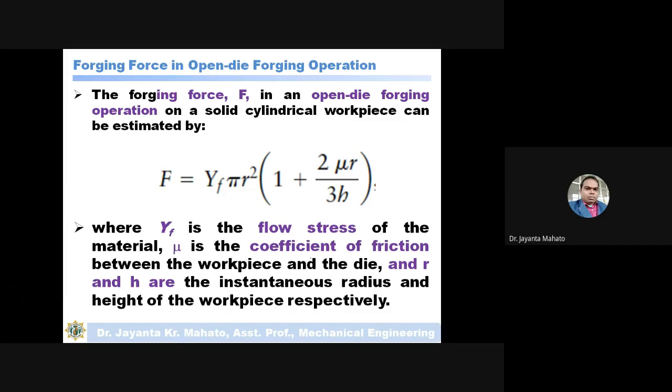Means when the forging operation is running, the radius of the workpiece will increase while the height of the workpiece will get reduced. Okay. So after some forging operation, the radius will increase and height will reduce. So at that time, the values of R and H are called the instantaneous values.